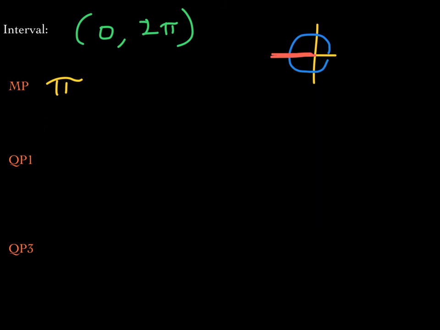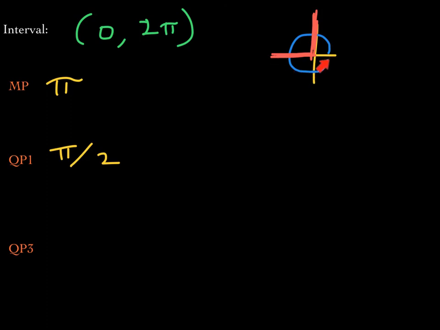The first quarter point is going to be right in the middle of your left endpoint, which is 0, and the midpoint, which is pi. Pi over 2 is right in the middle. This is your first quarter point, pi over 2. Again, you can show the arithmetic like we've been doing. Your third quarter point will be right in the middle of your midpoint and 2 pi, which is your endpoint.